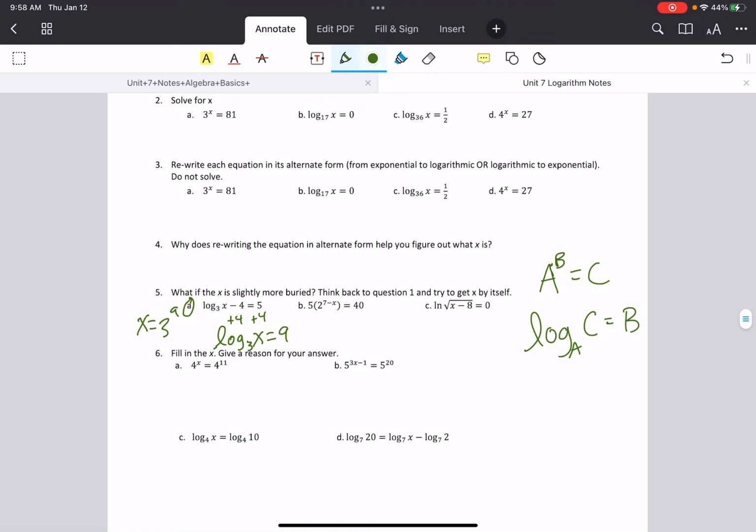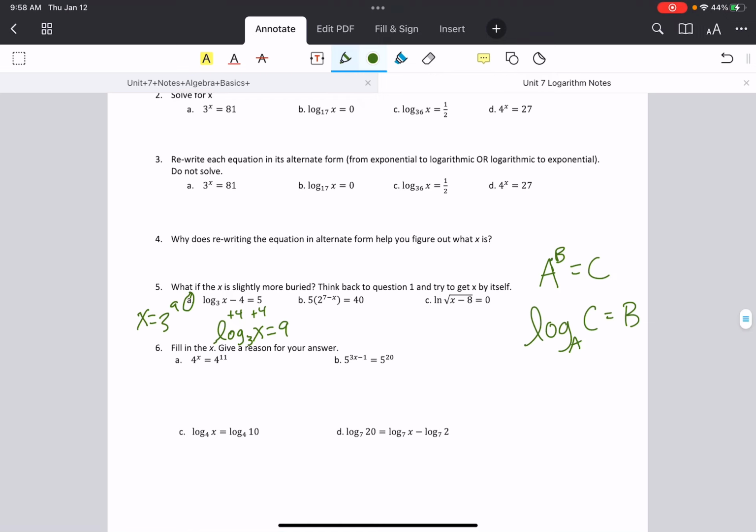That one is pretty big. You can use your calculators to find it for me. So what's x? What's 3 to the 9th is what I'm asking? 19683.